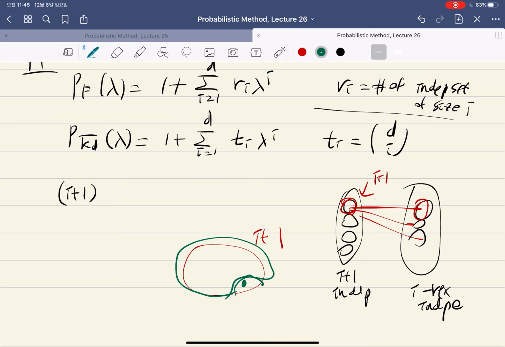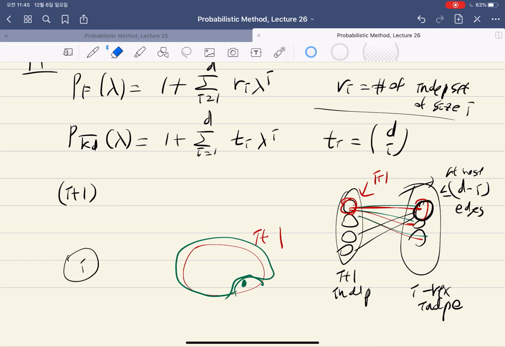So there are i plus 1 ways to kick out. On the other hand, each independent set here receives at most d minus i edges. Because if you have an independent set of size i, then there are at most d minus i vertices outside, and you can add some of those to get a bigger independent set.